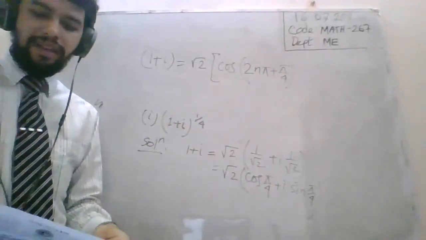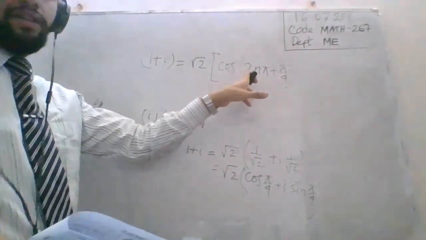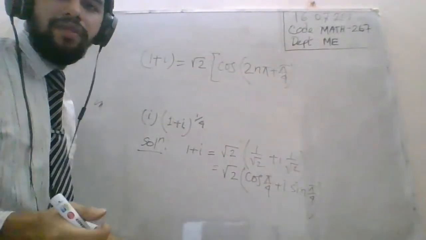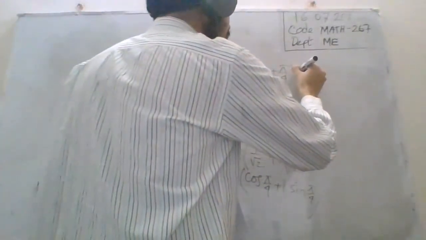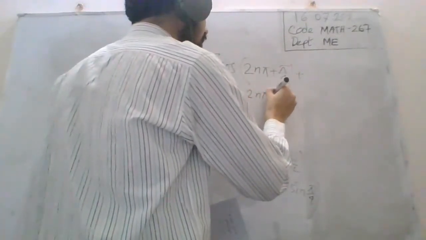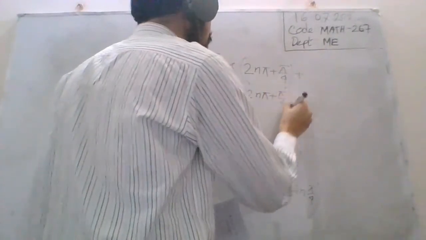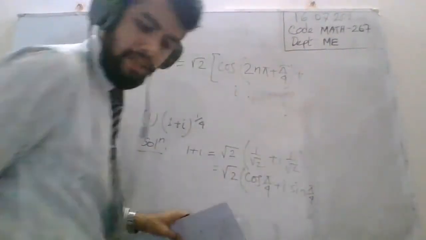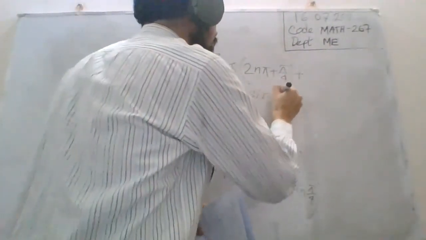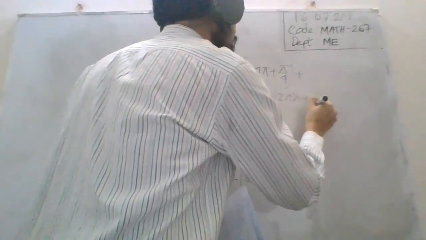This is the principal argument, cos pi by 4, but for the general argument you have to take cos (2n pi plus pi by 4), and then I sine (2n pi plus pi by 4).